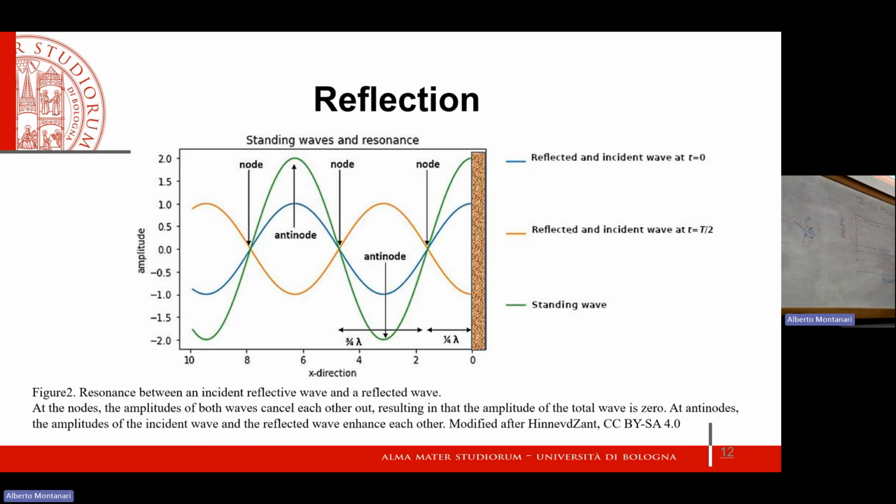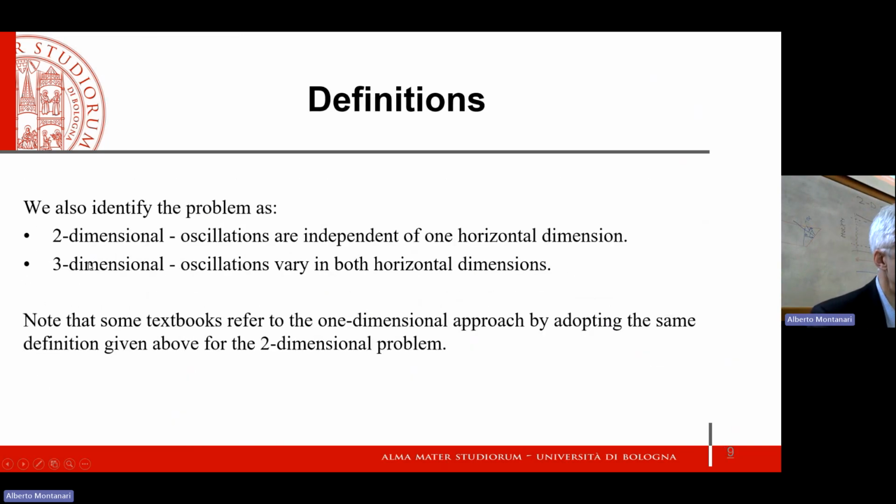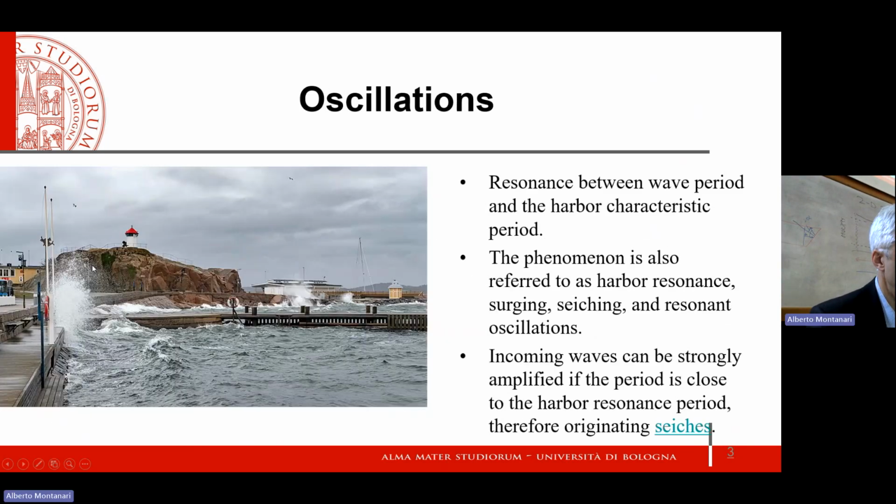But if you exclude any dissipation of energy, the waves keep the same amplitude and the same wavelength along the harbor. There is no change. Okay. So what happens in this situation? It's quite interesting.